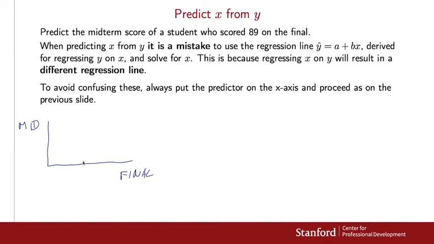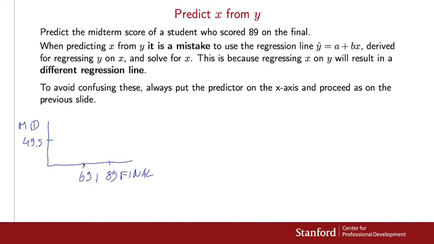So we know the average of the final exam scores was 69.1. The average on the midterms was 49.5. And the information we are given is that the final exam score is 89. So it's above average.